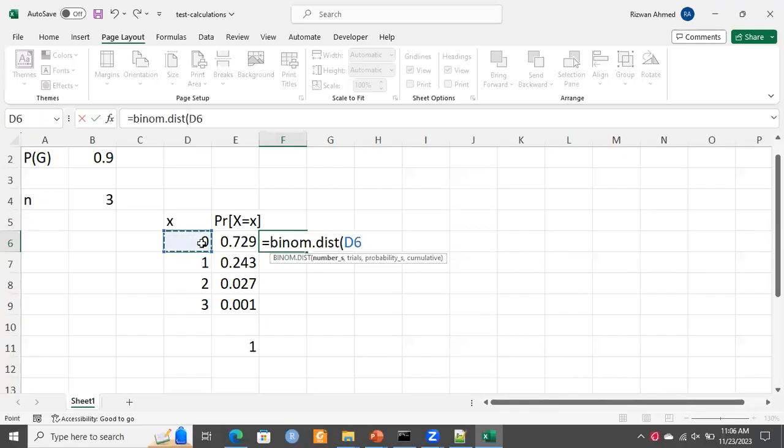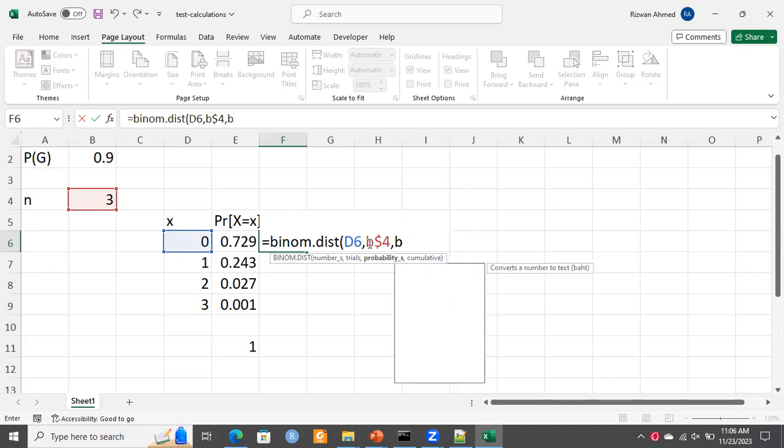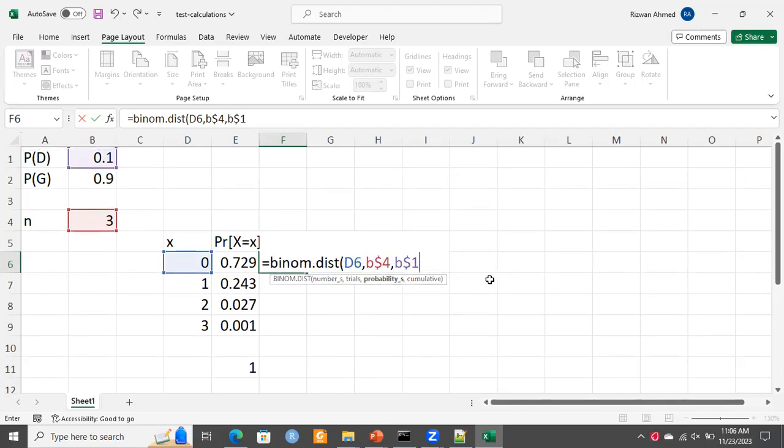So the number is x. Then the number of trials. The number of trials is 3, so I can pick that from its respective cell. Then the probability. The probability we have to provide for the defective, $1. So that has been rightfully selected.